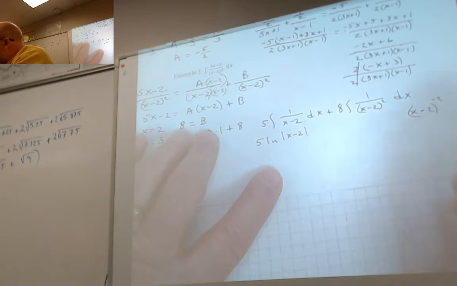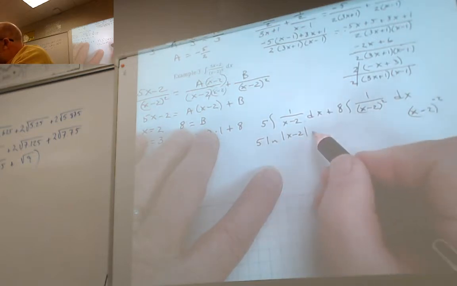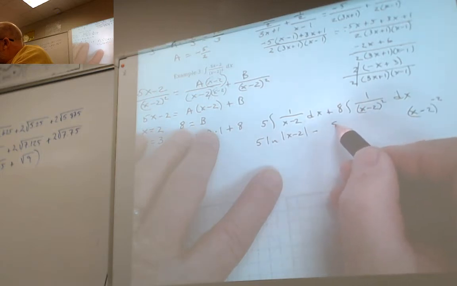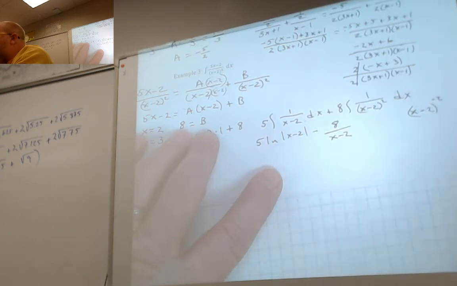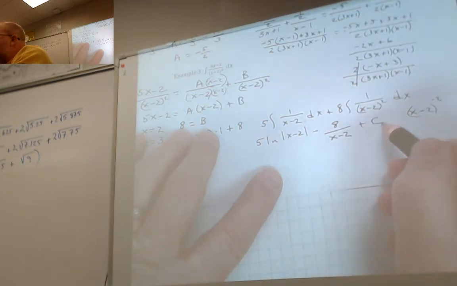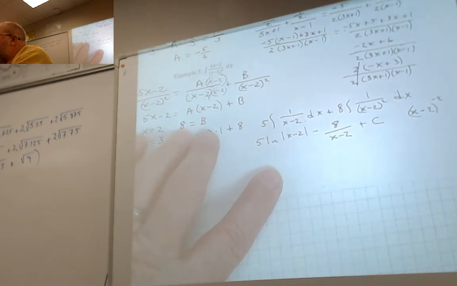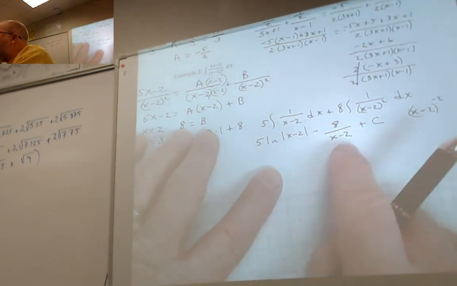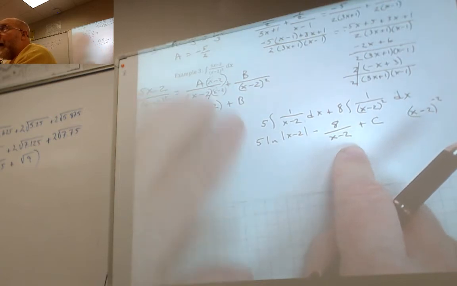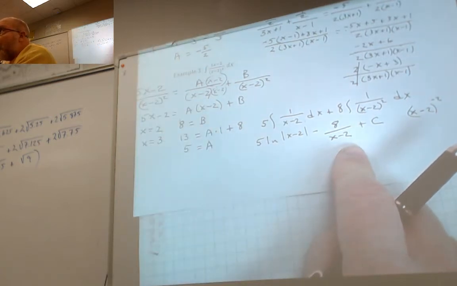Yep. And then I'm going to multiply by a negative 1. So I'm going to get negative 8 over x minus 2. Is that too big of a jump? Can I expect that you guys do that in your head? Plus c. So that's the type of thing that can happen. Again, a not bad integral, but they're not always natural log. All right?